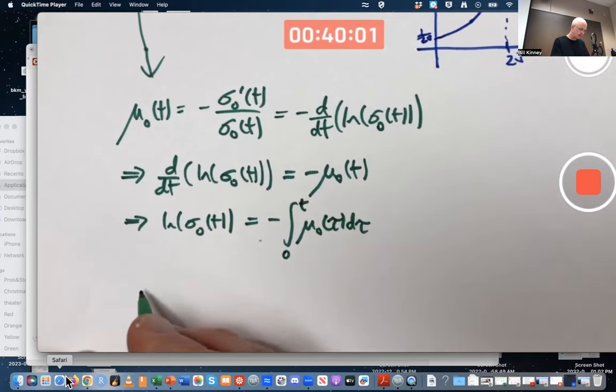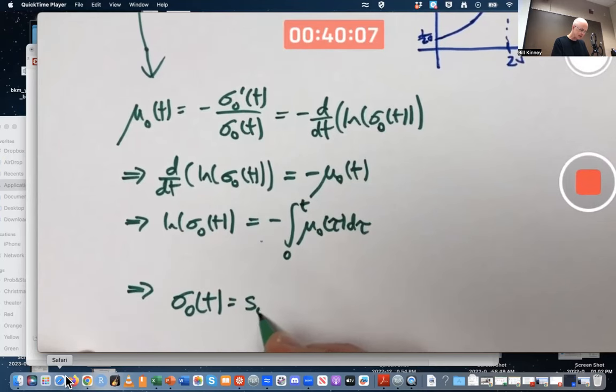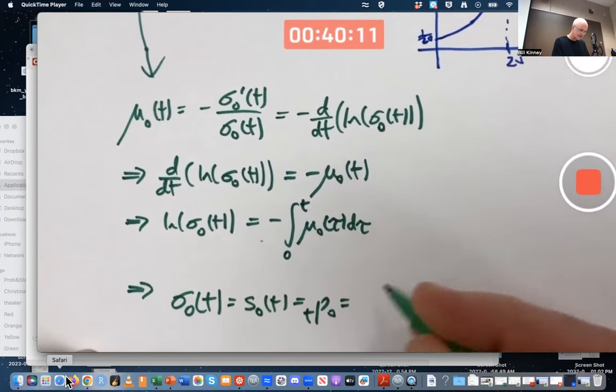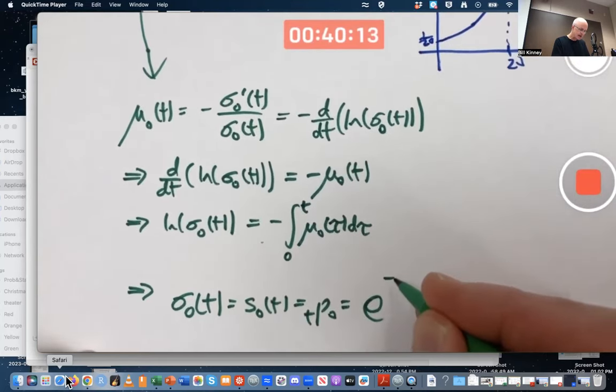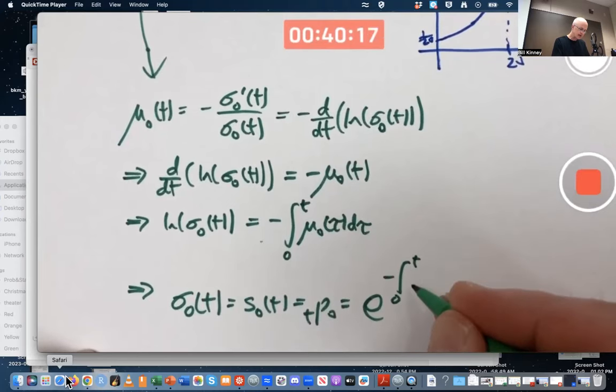I've got to get rid of the logarithm. Exponentiate both sides. Sigma sub 0 of t, or S sub 0 of t, or most standard, tp0, is e to the negative integral from 0 to t of the force of mortality.